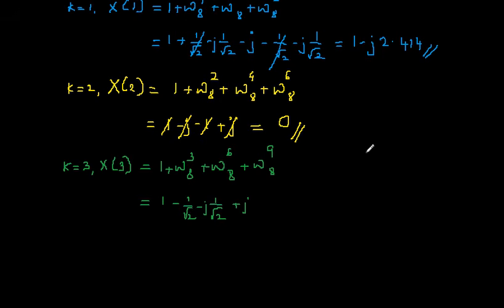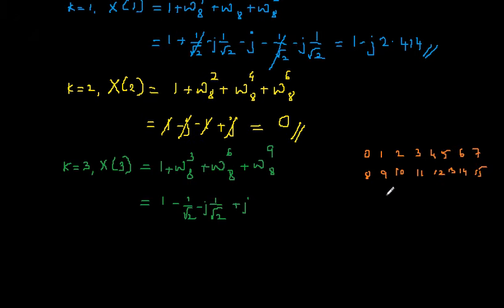So I'll write the values here: 0, 1, 2, 3, 4, 5, 6, 7. This is the 8-point sequence. Whatever falls next after this, I'll just write it below here. That is 8, 9, 10, 11, 12, 13, 14, 15.